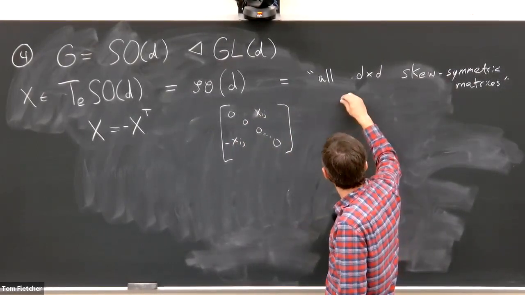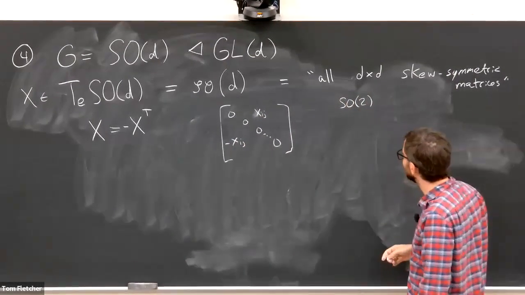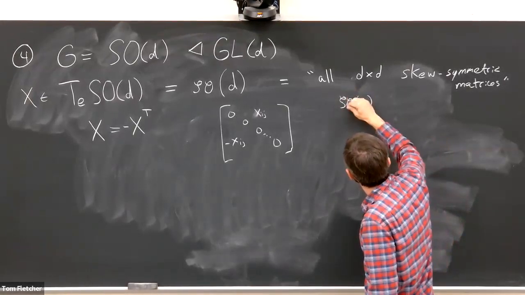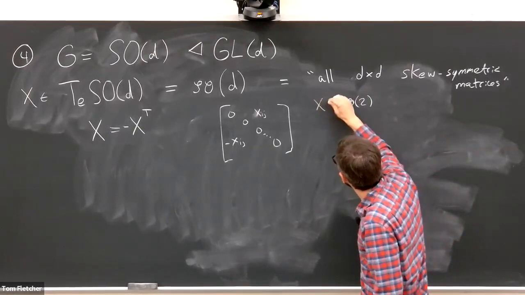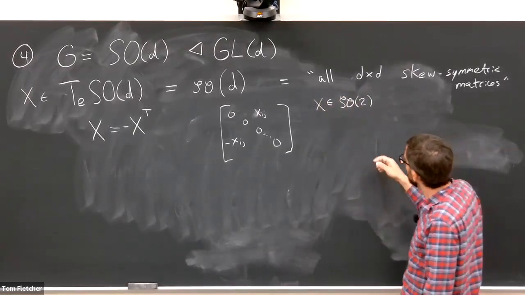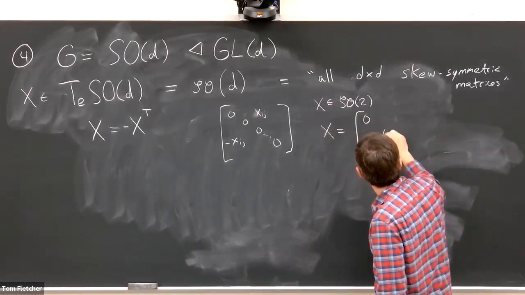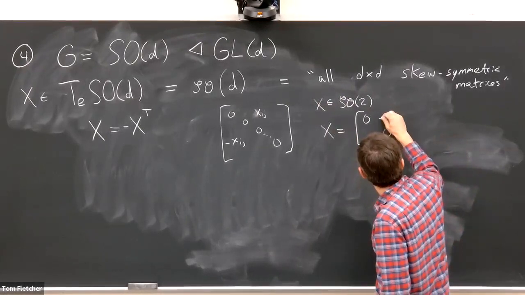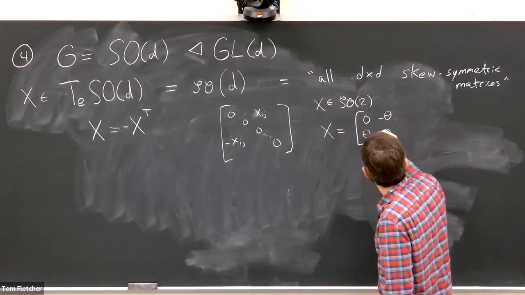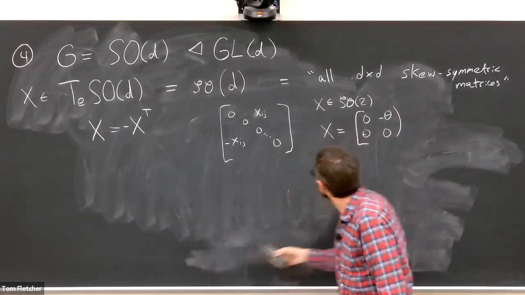A couple of examples that we're used to: SO2, two-dimensional rotations. And again, this is the tangent space. So an X in so2 means that X is equal to something that looks like the following, with theta and minus theta here.